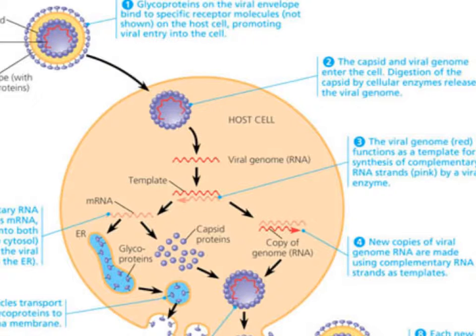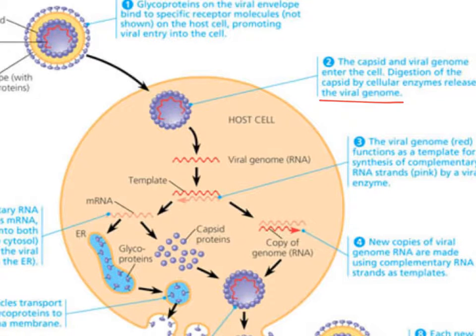Digestion of the capsid by cellular enzymes releases the viral genome. So you already have the viral genome. But in this case, it's not DNA; it's RNA. So that means that you have a step less, okay? Because the cell doesn't need to transcribe the viral DNA because you don't have DNA, you have RNA already.